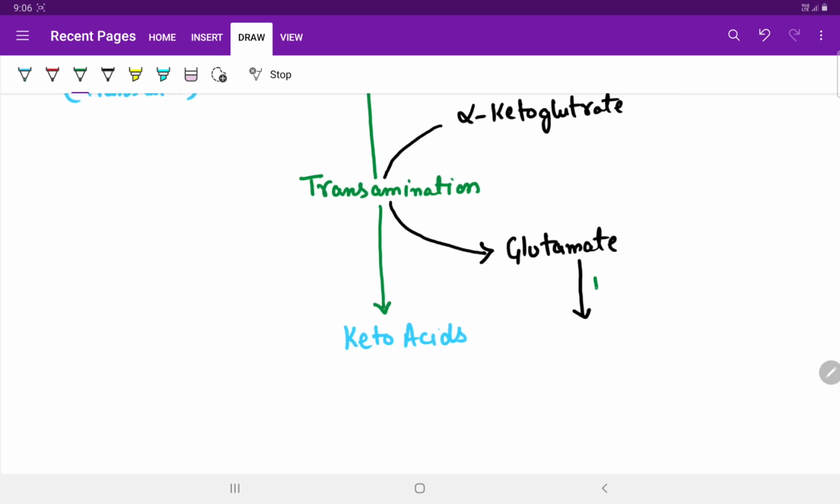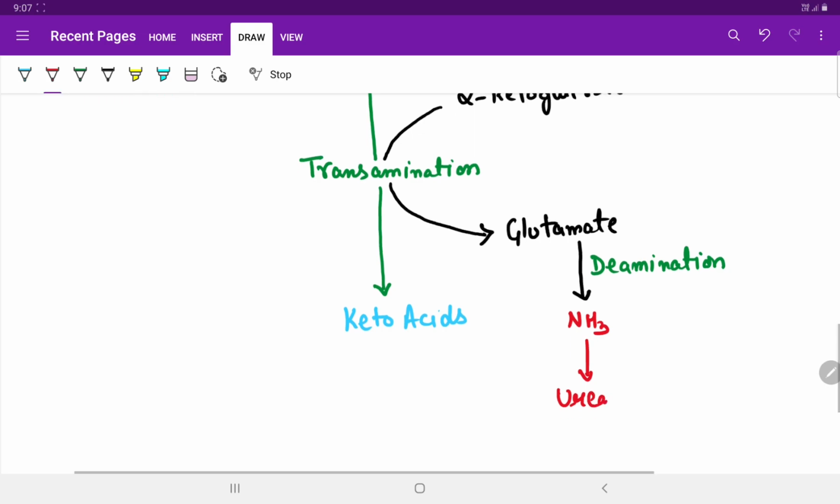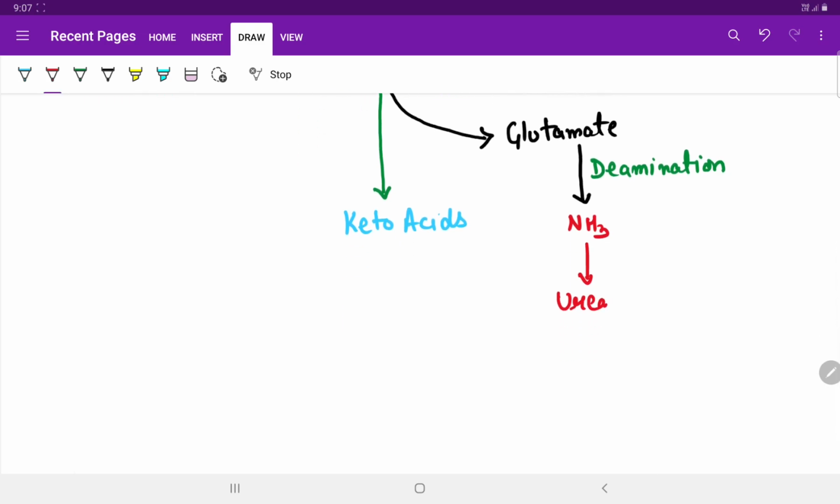So here is the deamination reaction, the removal of ammonia molecule, leading to liberation of ammonia and ultimately removed as urea. Now these keto acids are further subjected to different kinds of reactions.